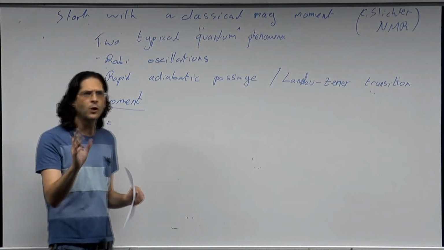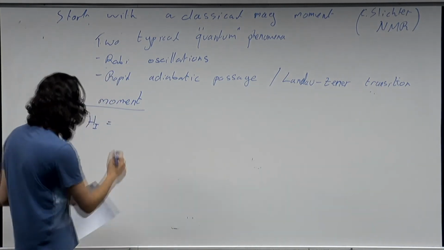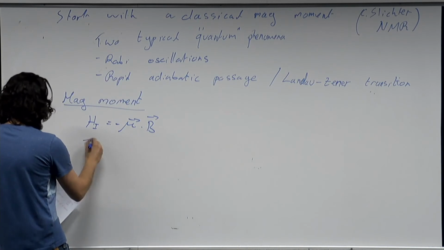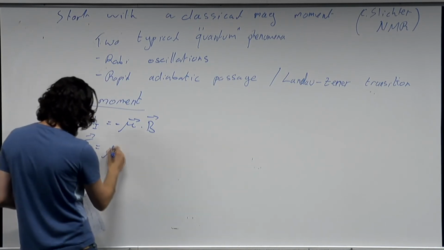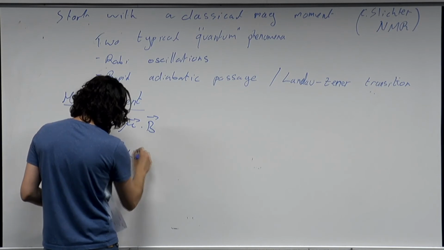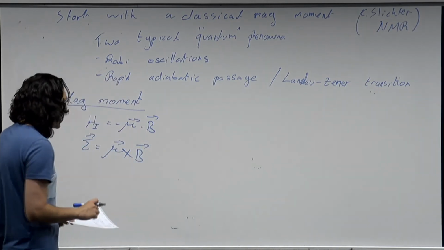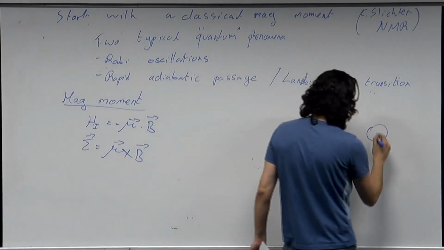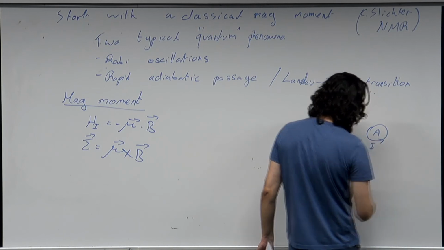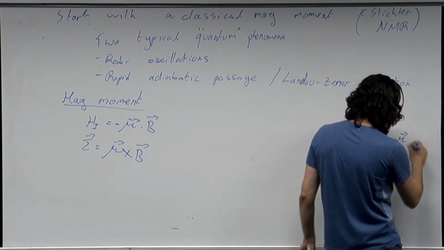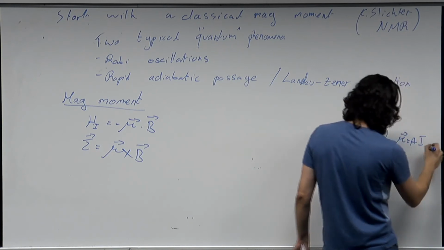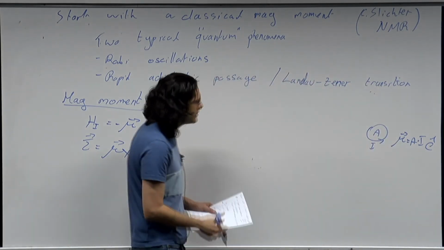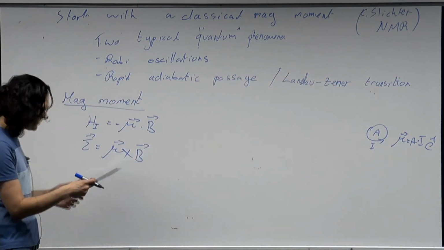So classical magnetic moment, classical field, nothing quantum here for now, minus mu dot B. The torque is given by mu cross B. And if you think of a compass needle or some current loop, with an area A and a current I going through it, then mu is just going to be A times I in the Z direction. So this would be like your magnetic moment.